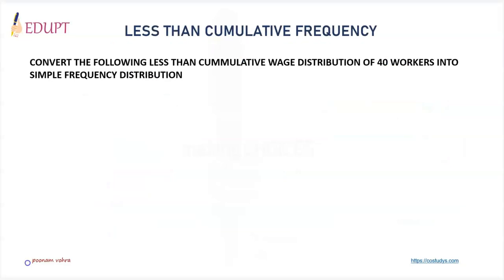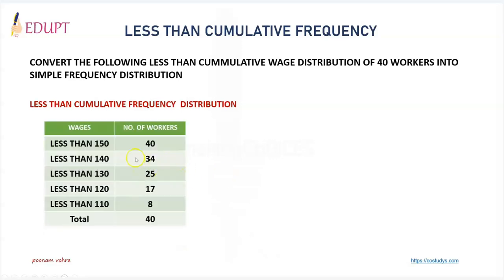We have already understood how one can find less than cumulative frequency. Now suppose less than cumulative frequency distribution is already given to you and you need to convert it into simple frequency distribution. How will you do that?